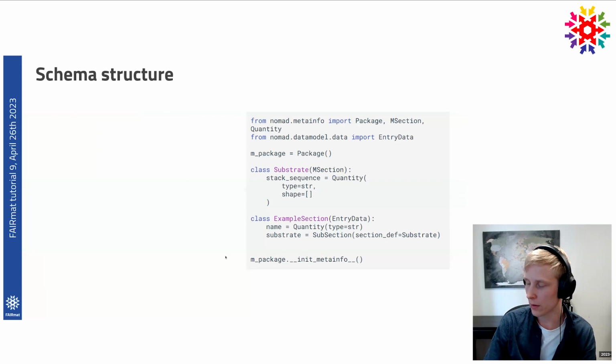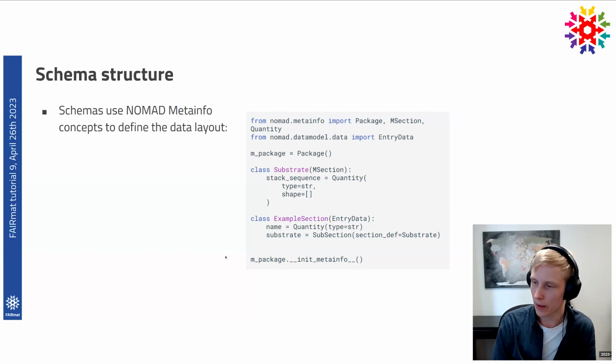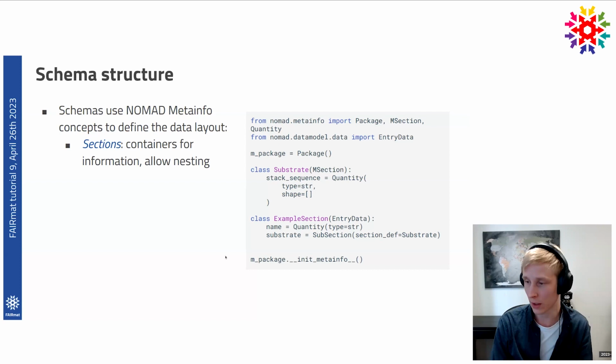Now let's break down this Python class a bit more and take a look at what it is constructed from. We use the Nomad meta info concepts, as Marcus mentioned, to define the data layout. In the Nomad meta info, we have these things called sections, which are essentially just containers for information.